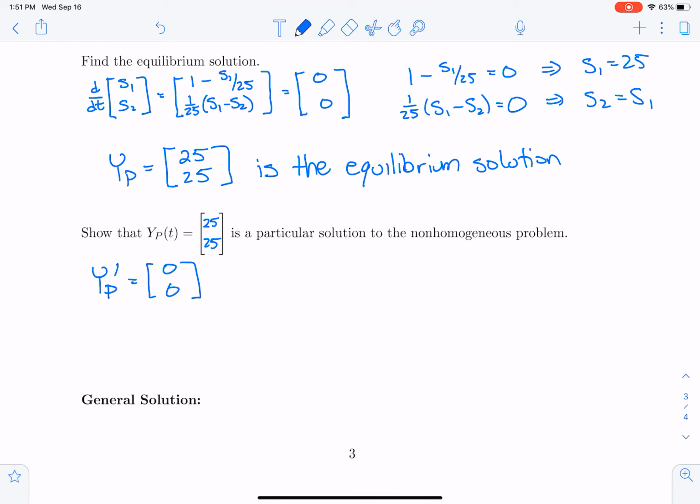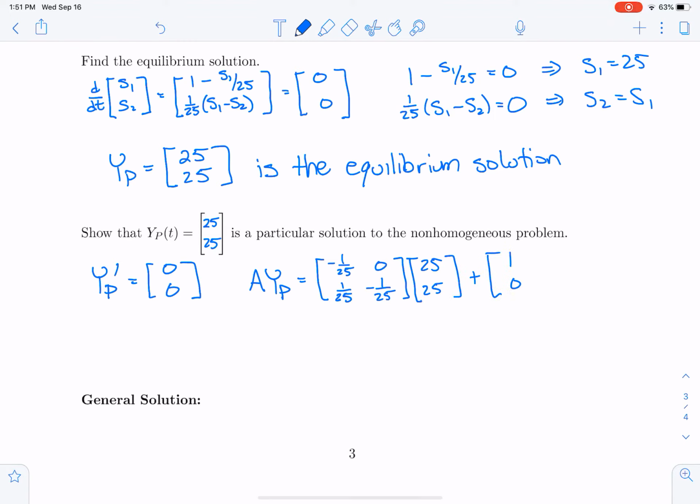Why don't I call that A times yp? I'll do it in matrix vector form. So this is negative 1 over 25, 0, 1 over 25, negative 1 over 25, times 25, 25, and then I'm going to add 1, 0.